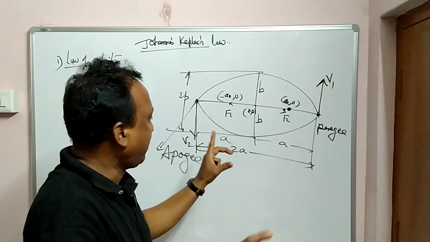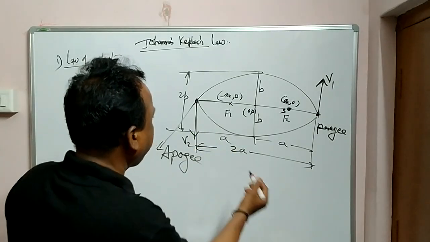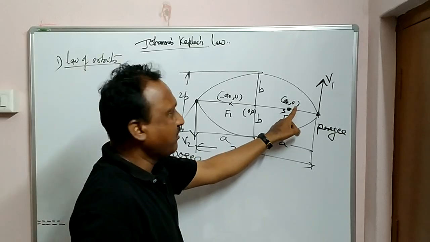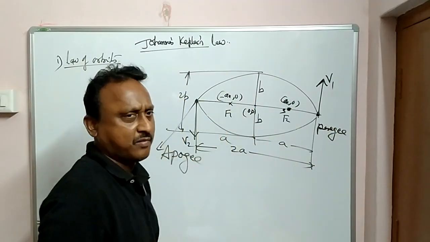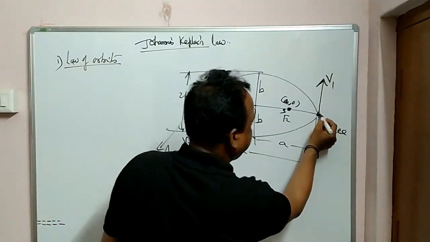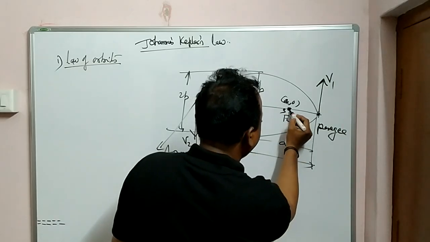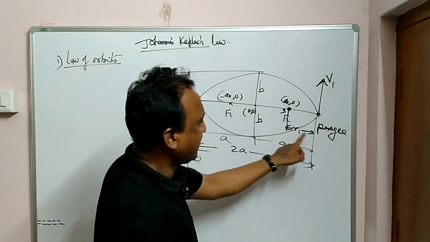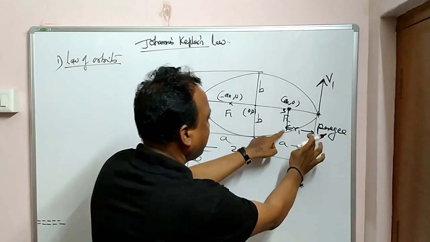Now let us see some geometry here. This is A and this is A. The coordinates are AE comma 0 on the positive side and minus AE comma 0. Suppose this is the planet here now. From the sun, let the distance be R1 in the first position.